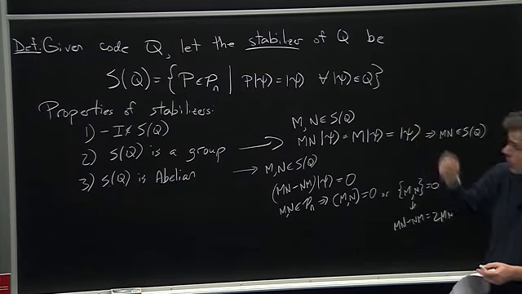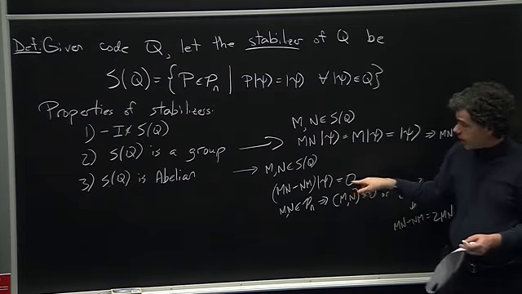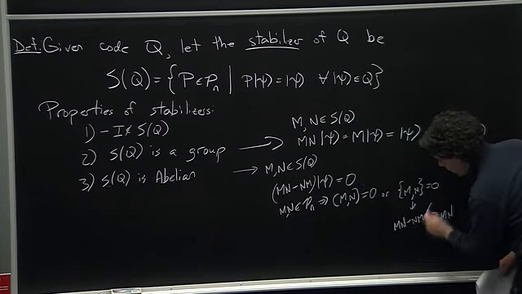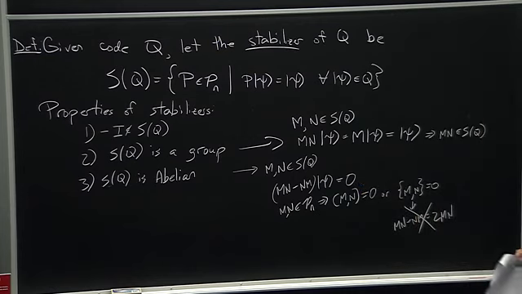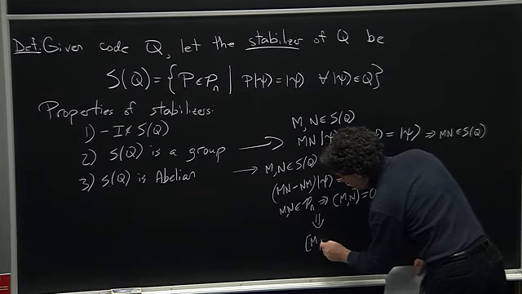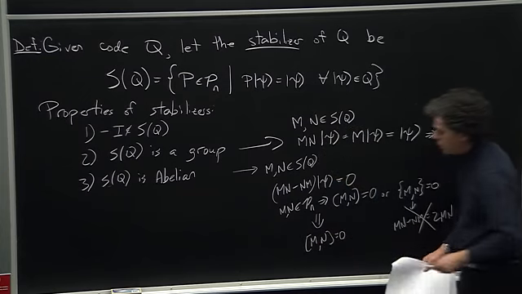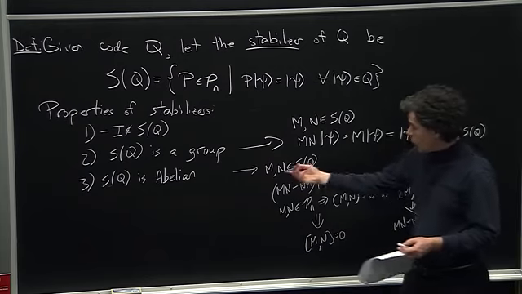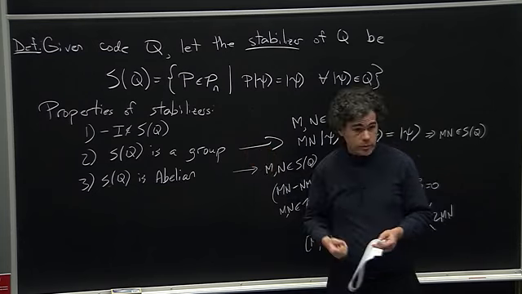It's plus or minus 1, plus or minus i. And here we have this psi has eigenvalue 0. Okay? So this is not a possibility. And therefore, M and N commute. Okay? And that's true for arbitrary M and N in the stabilizer, so that shows it's abelian.